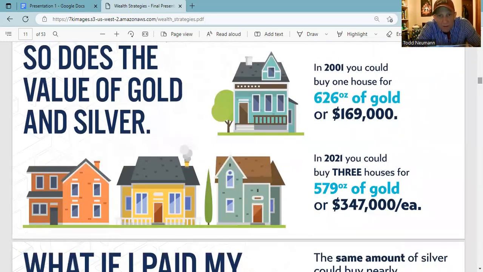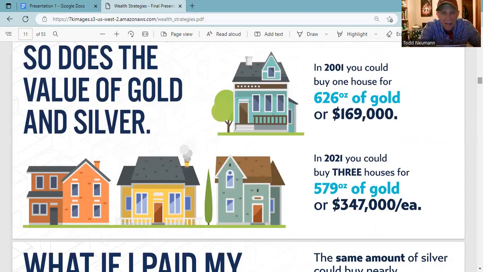Not just one, it can buy you 3 houses. And it doesn't now cost you 626 ounces. It only costs you 579 ounces of gold. 3 houses. But you know what? If you were to spend this just 20 years ago, you'd have to pay $347,000 for each house.